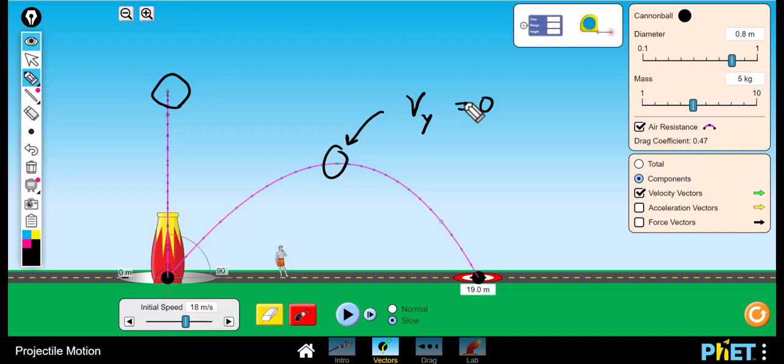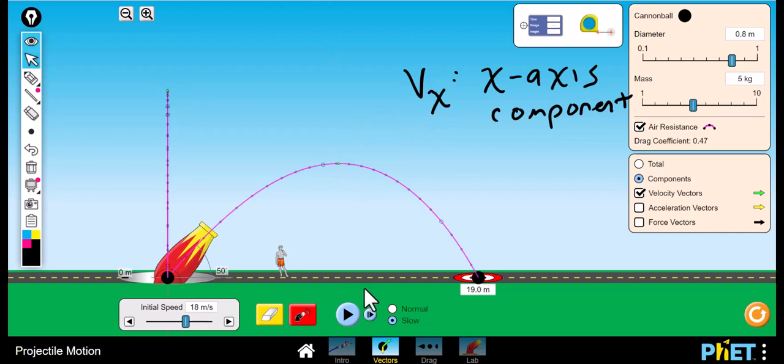Now, gravity only works on the y-axis. And so our focus on the vertical component of velocity on the y-axis must be affected by gravity because gravity is on the y-axis. Let's look at the x-axis component. So this is the green arrow that is going to the right.